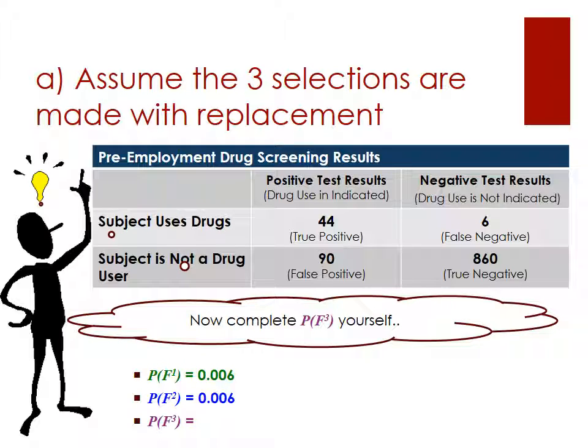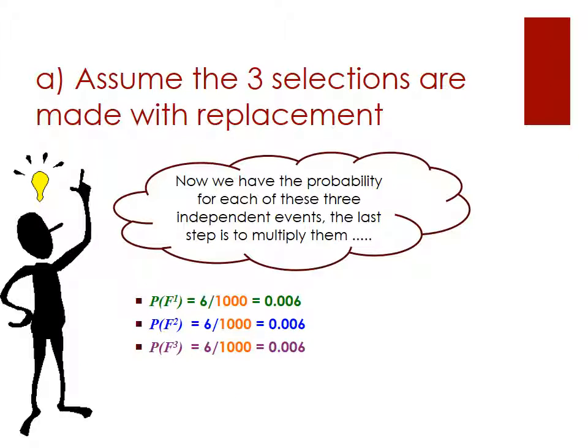Alright, you should have had here your P of F2 is going to be 0.006 again, because we haven't changed anything here. These are independent events. And as we go through here, our P of F3 is also 6 divided by 1,000. Now our last step is to go through and multiply them together.